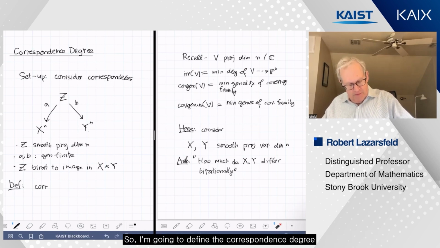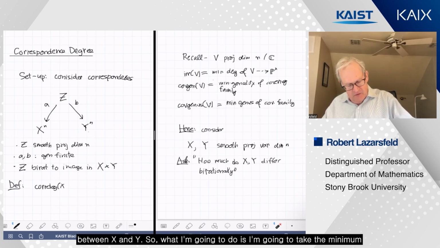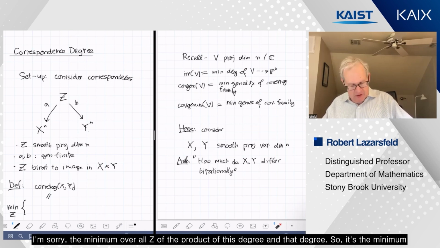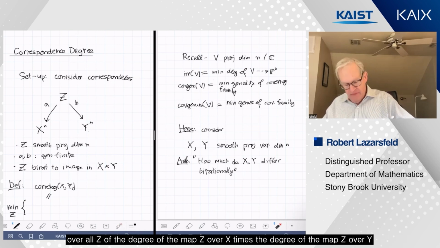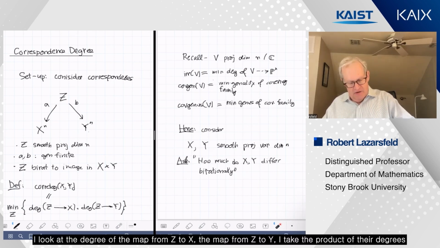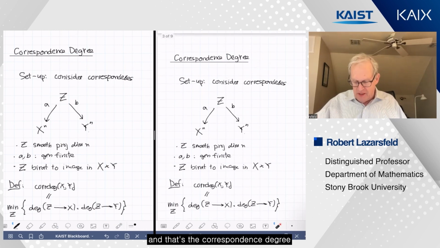I'm going to define the correspondence degree between X and Y. I take the minimum over all correspondences Z of the degree of the map Z over X times the degree of the map Z over Y. I look at all correspondences Z, the map from Z to X and the map from Z to Y, take the product of their degrees, and that's the correspondence degree.